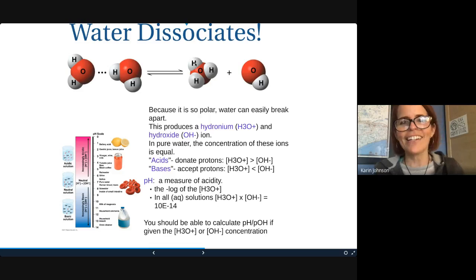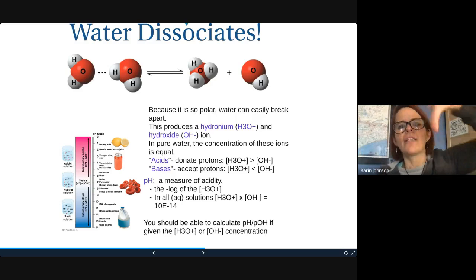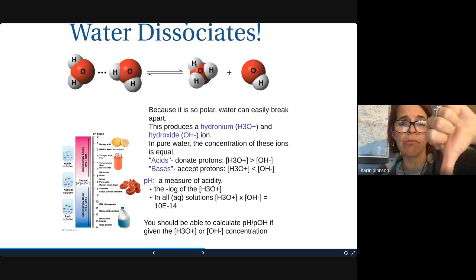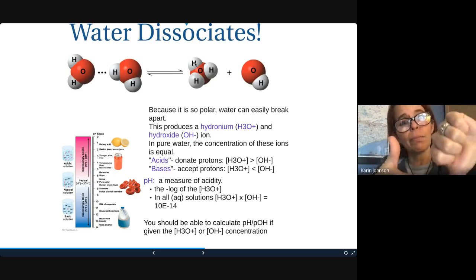Crazy, right? Okay, so bases accept hydrogens and they lower the number of hydrogens. So watch my thumbs, cuties. The number of hydrogens or the number of protons or the number of hydronium ions goes down. And since pH is an inverse scale, we say the pH went up.